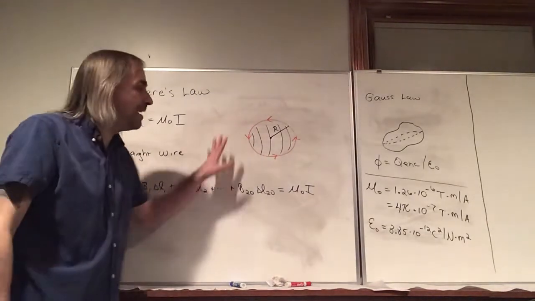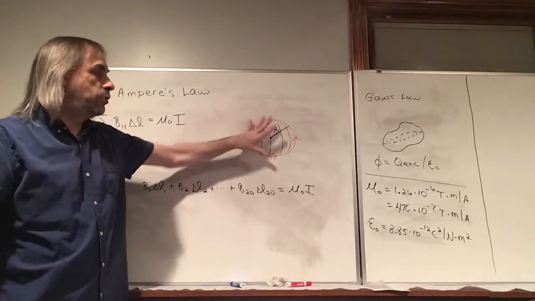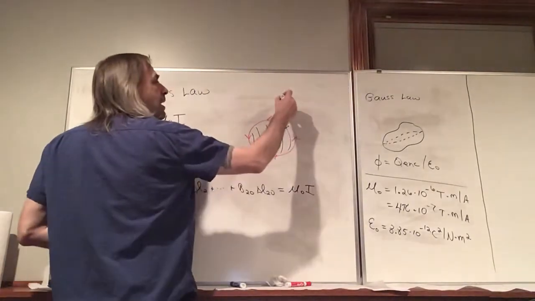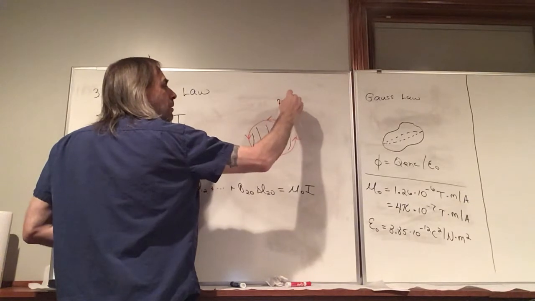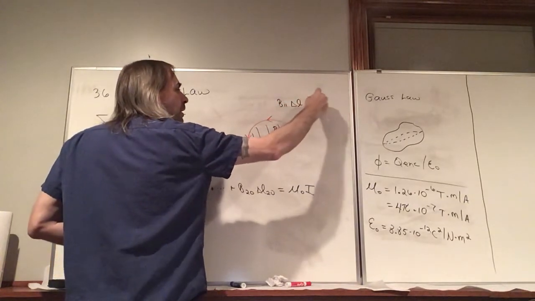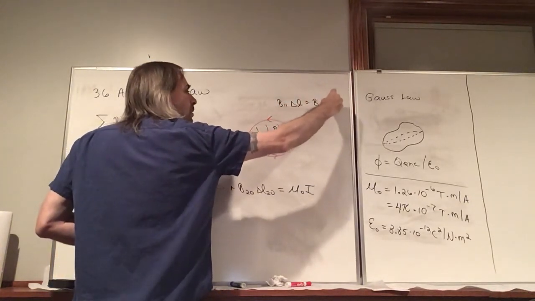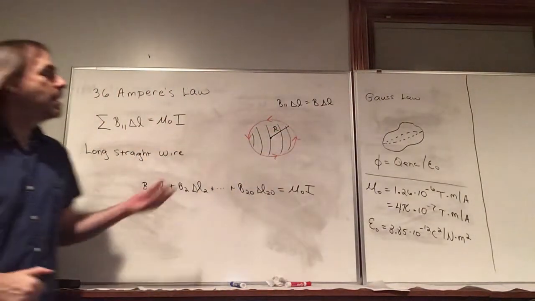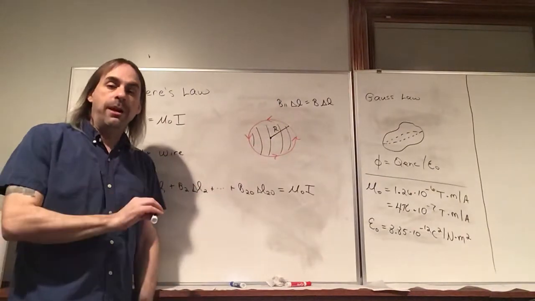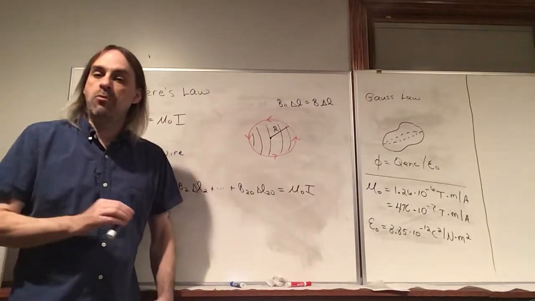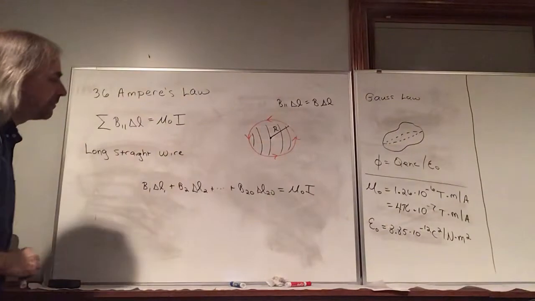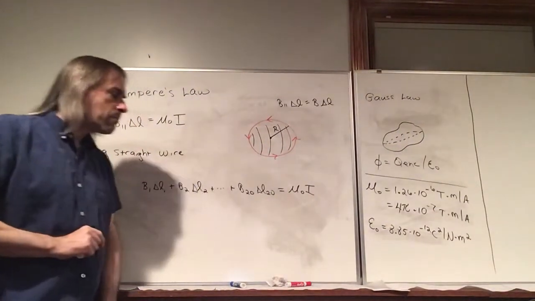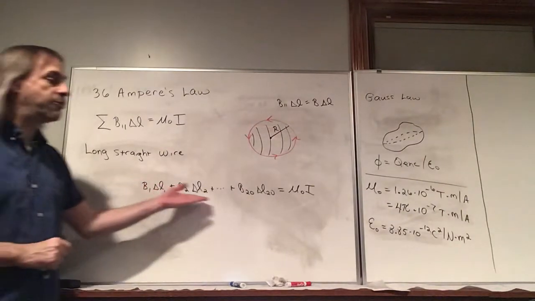And we picked our Amperian surface to be a circle. So in this case, we can say B parallel delta L equals B delta L. We don't have to worry about breaking things into components, because for any line segment you pick, the magnetic field and that line segment are pointing in the same direction. That's one thing, but then we still have this equation.